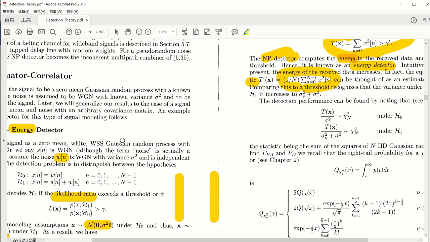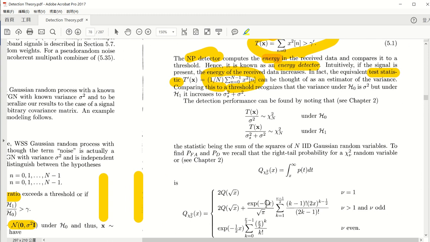But the summation of the square is just the summation of the square of a Gaussian random variable W. So as a result, when you take the sigma square as the denominator, you get chi-square.